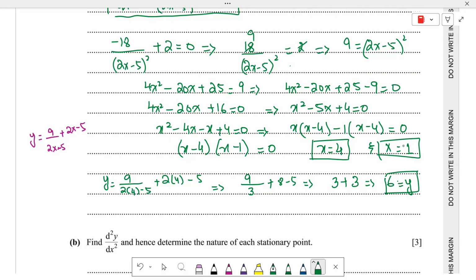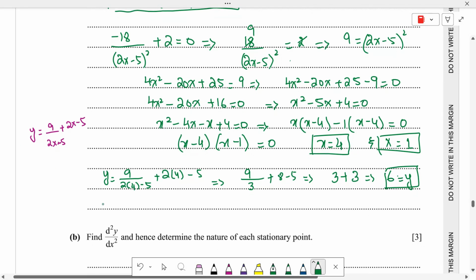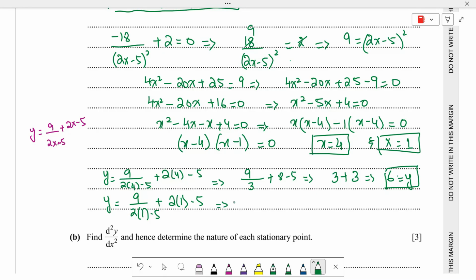Now plug x equals 1 in this equation. So y is equal to 9 over 2 times 1 minus 5 plus 2 times 1 minus 5, and this is 9 over 2 minus 5, which is negative 3, plus 2 minus 5, and this is negative 3 minus 3, which equals negative 6, which is y.